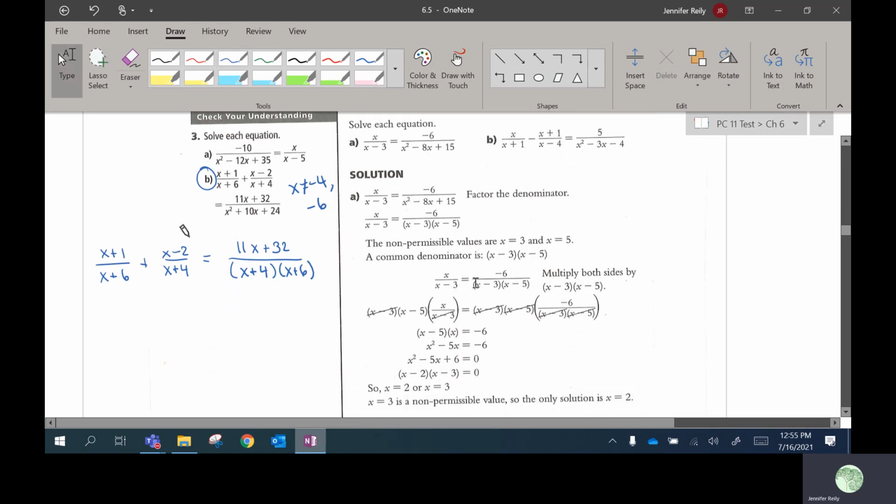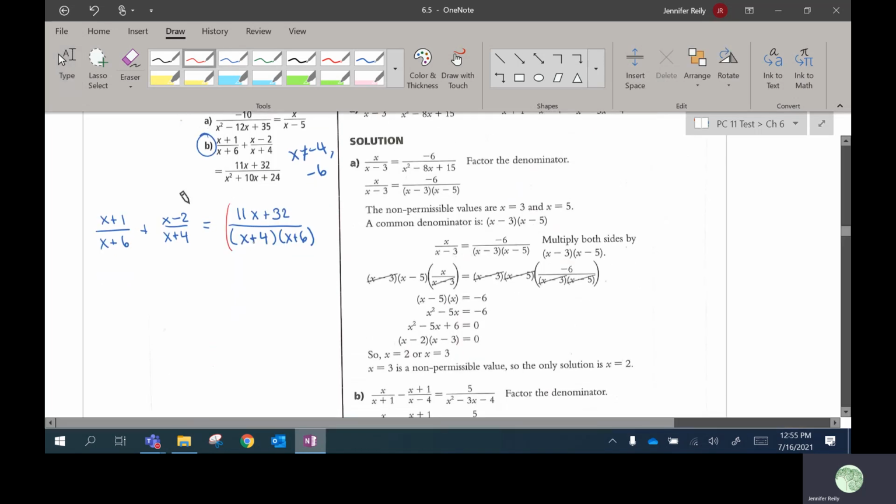Okay, so we want to multiply both sides by x plus 4 and x plus 6. That way, all the denominators will be canceled out. So for this term, and I'm going to do this for every term, we'll write it like this, times x plus 4, x plus 6.